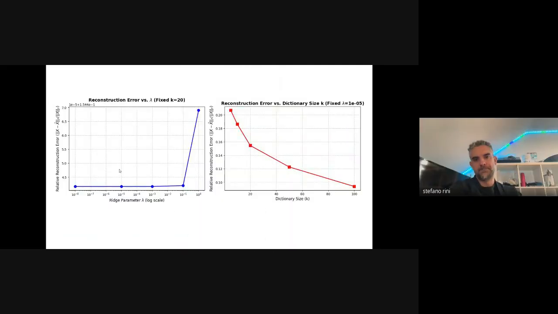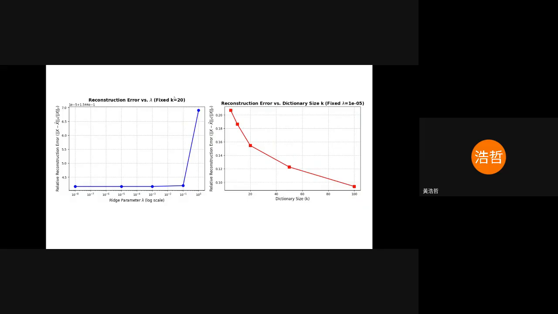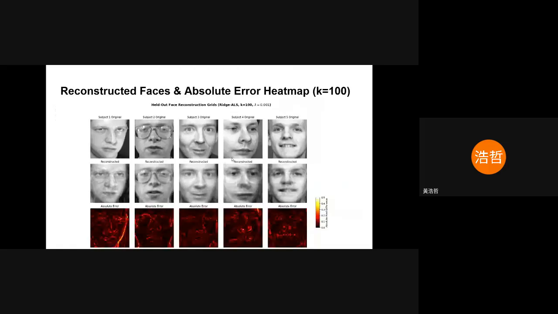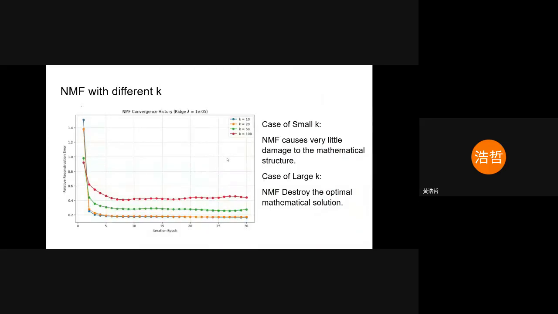When K becomes greater, the relative error becomes lower. But in the NMF result, when K becomes greater, the relative error becomes greater too.